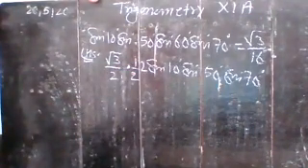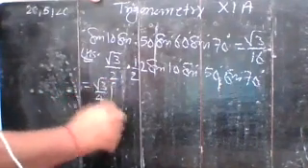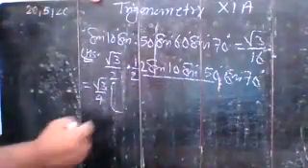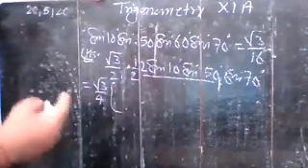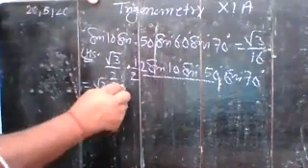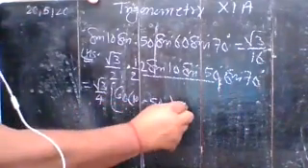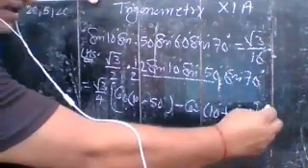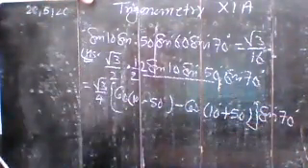So here you have root 3 by 4, and you apply the formula for 2 sine x sine y, which is cos x minus y minus cos x plus y. So you write cos of 10 degree minus 50 degree minus cos of 10 degree plus 50 degree, and sine 70 degree outside the bracket.